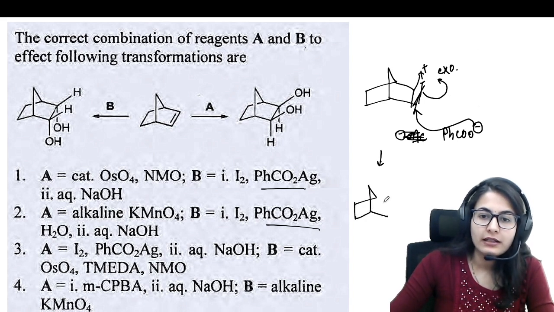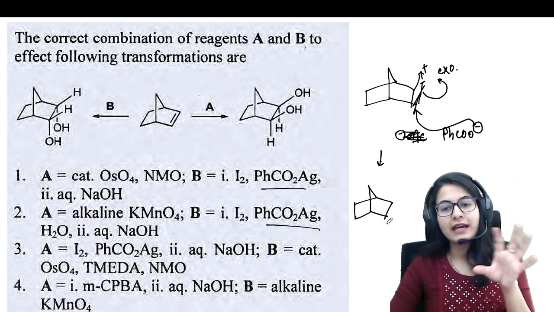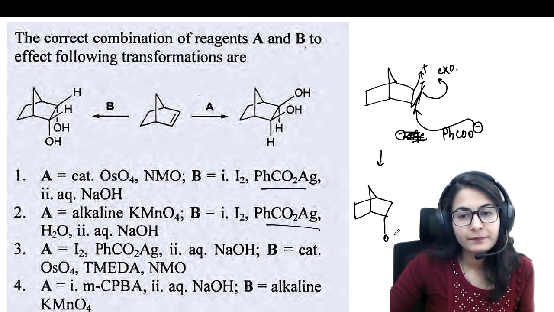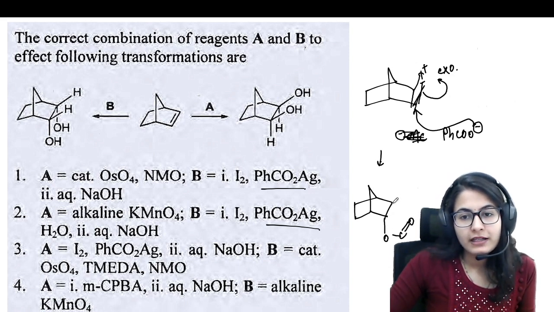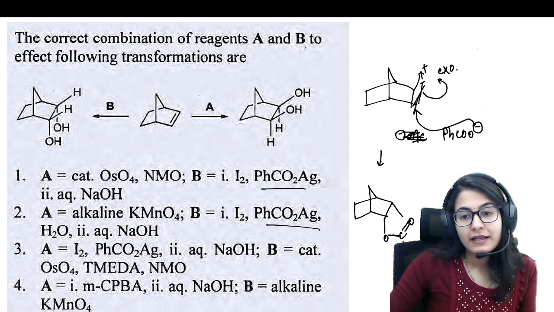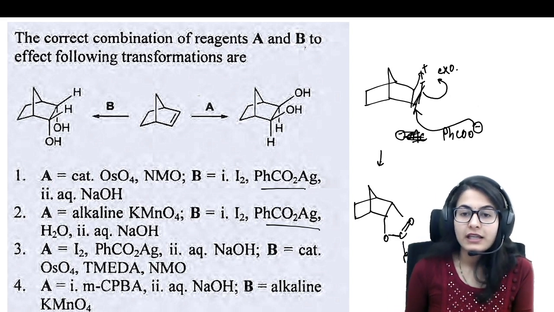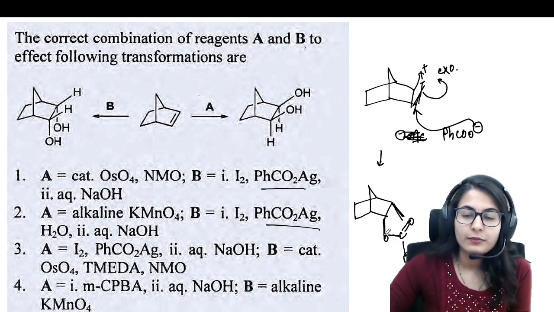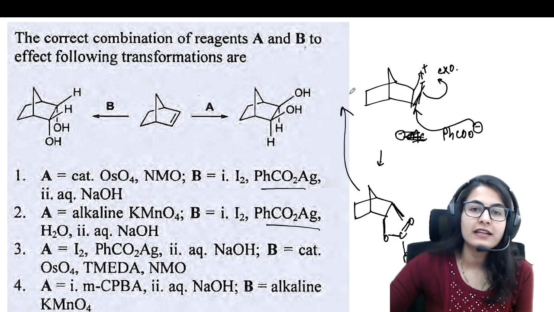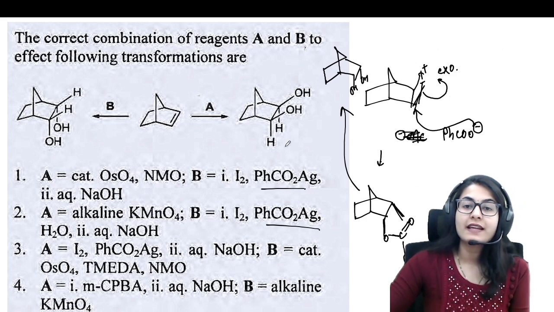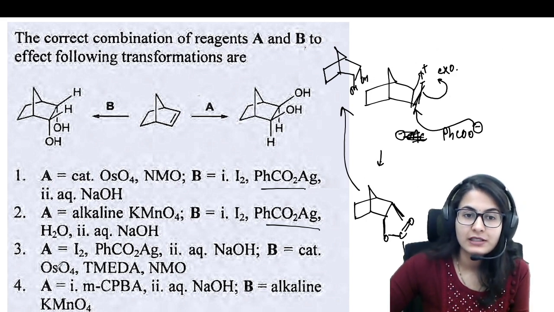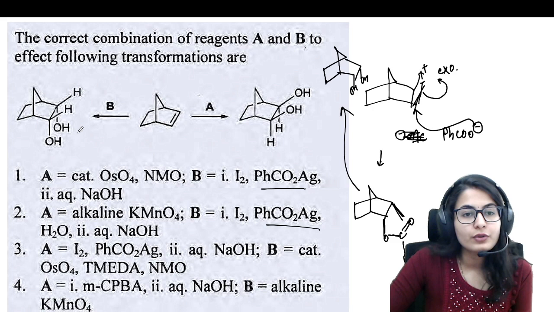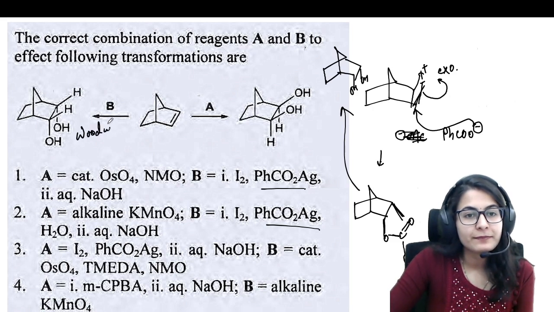After the neighbouring group participation, I'm directly writing the NGP step, the benzoate will be added below in this case. All right, so if it is added below, and after the hydrolysis, you require this kind of a diol which is endo.